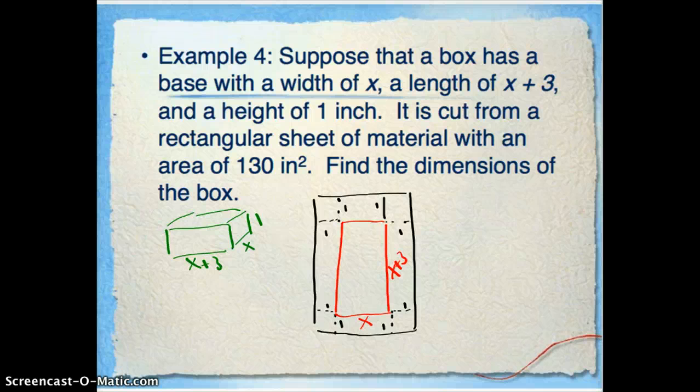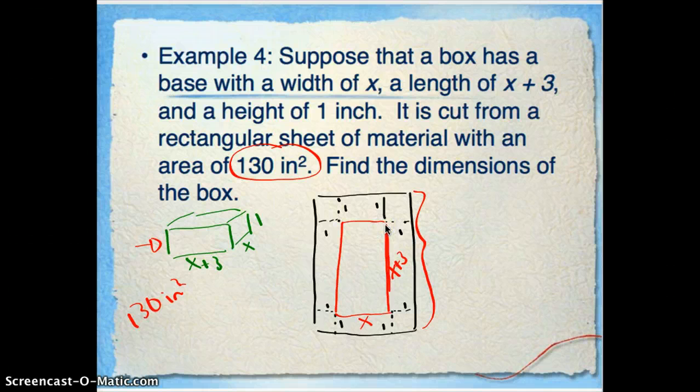So the first thing to know is that the area of this is 130 square inches. That's the area of my sheet of paper. But I'm trying to find the dimensions of the box, this rectangular prism right here. So important for me to note here is my entire dimension.